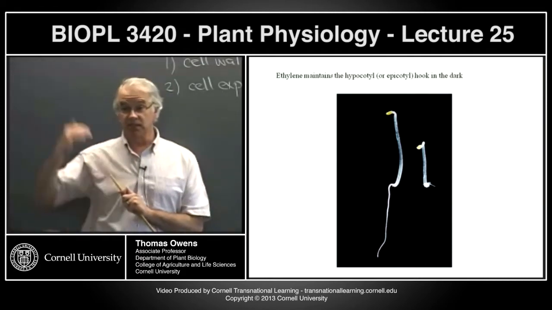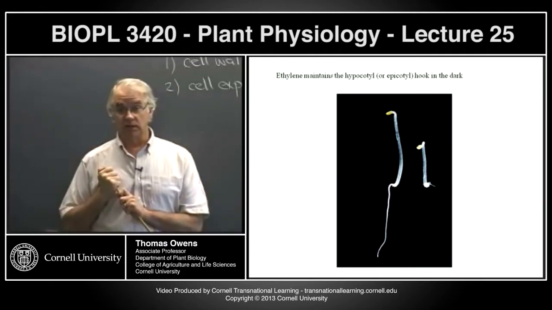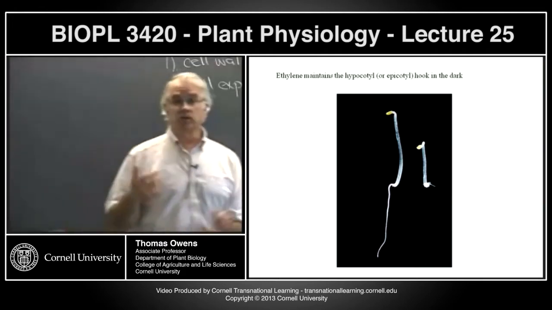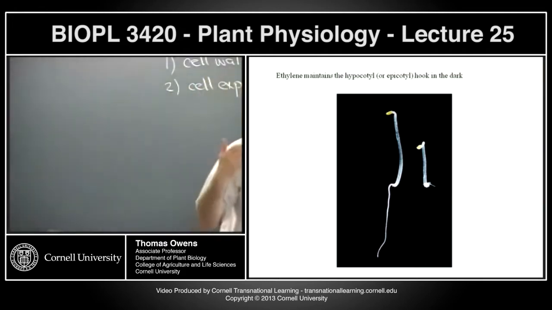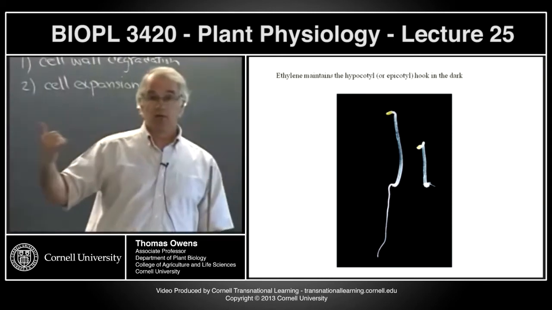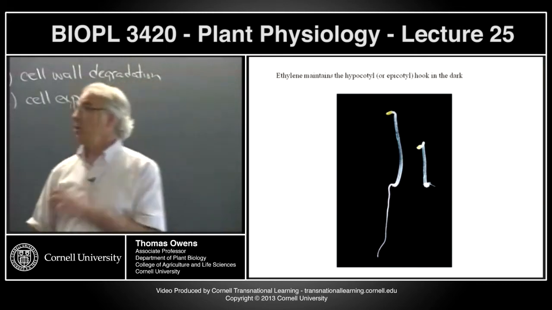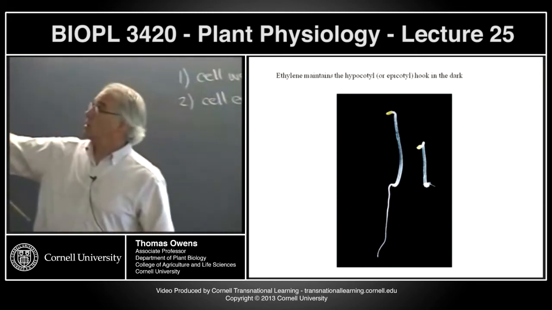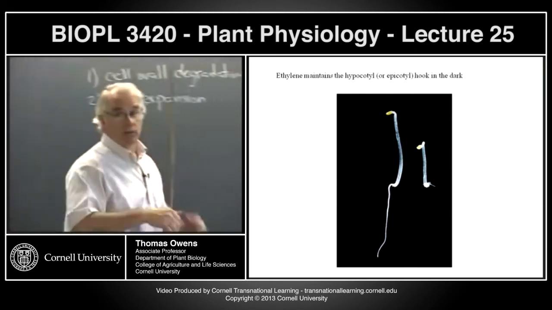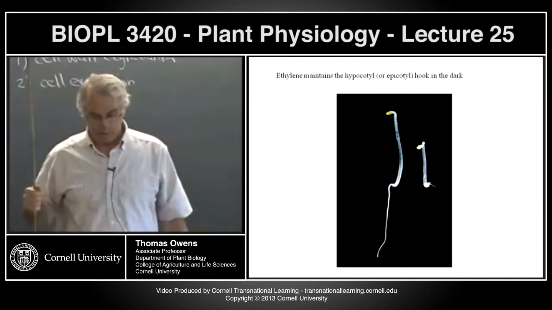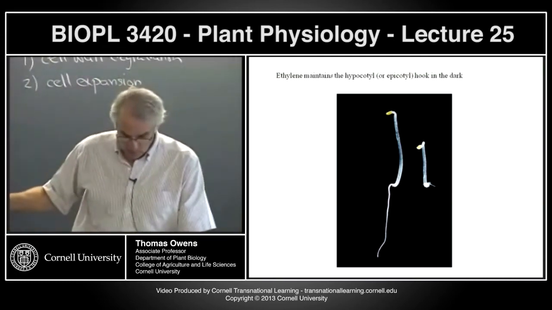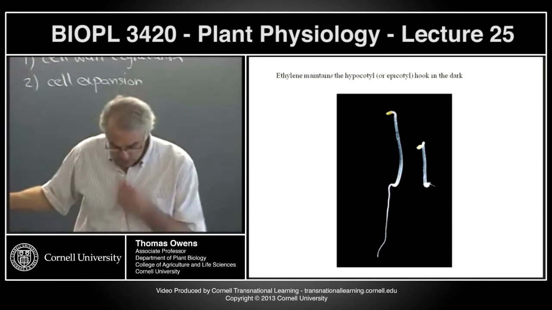Okay, so ethylene synthesis in the hook also goes down. Okay, so this opening and closing of the hook is a physiological response that is governed by ethylene and by phytochrome, which is meant to maintain the hook as it's moving through the soil and open up the hook and get all the other light-dependent morphology changes to happen once the seedling reaches the top of the soil.